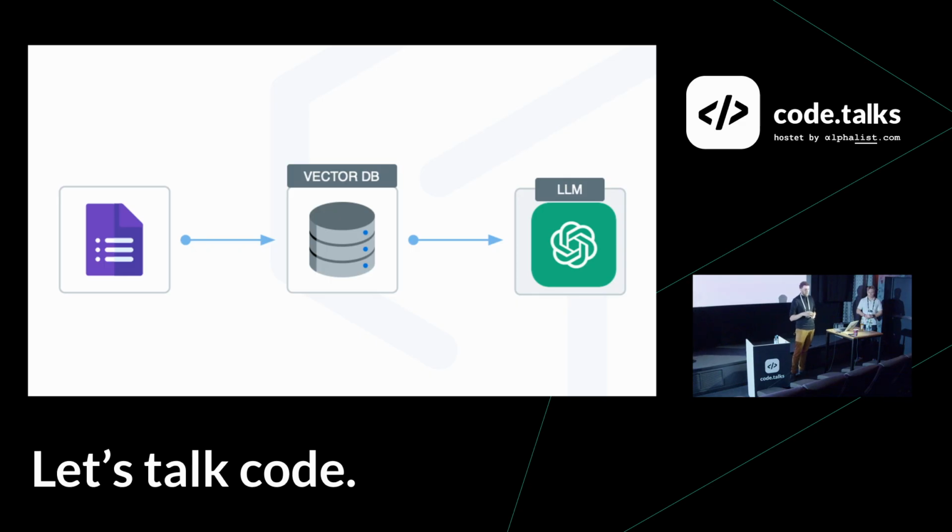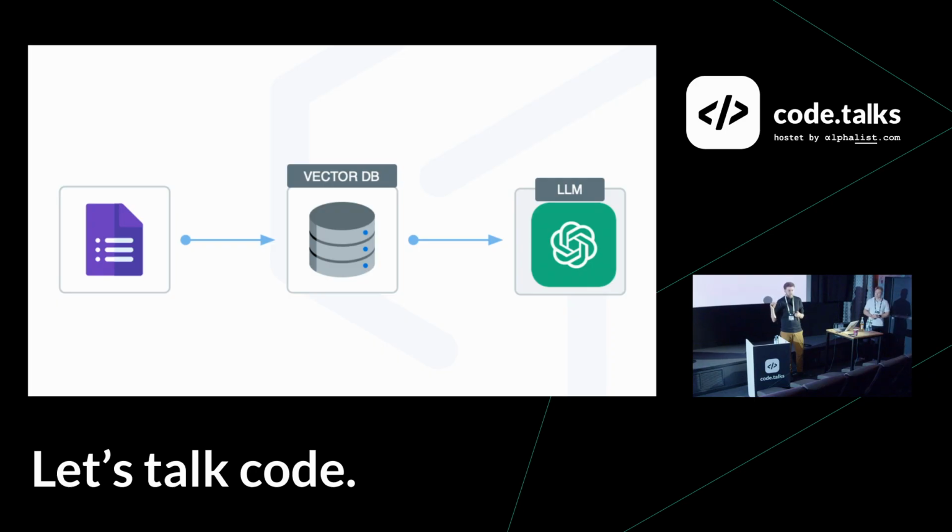So what you do, you get all your descriptions, you transform them into vectors, you store them into the vector database, and then once you have a question, you also transform that question into a vector and ask the vector database, okay, give me the documents which are close to my question.